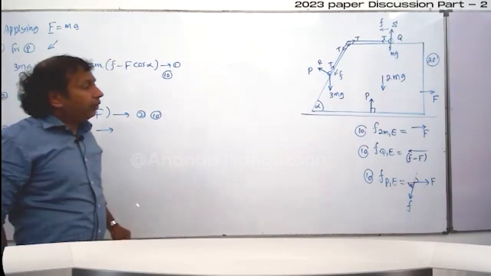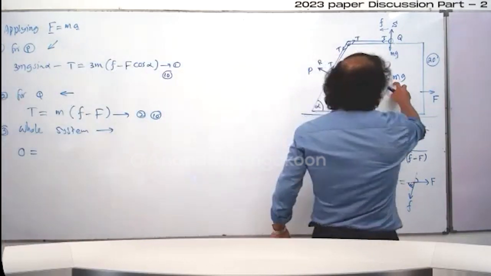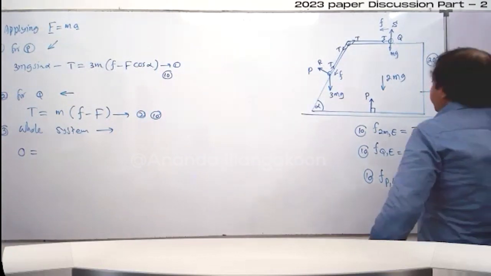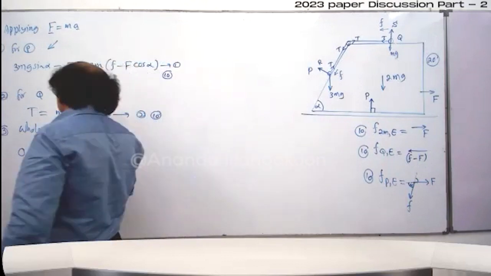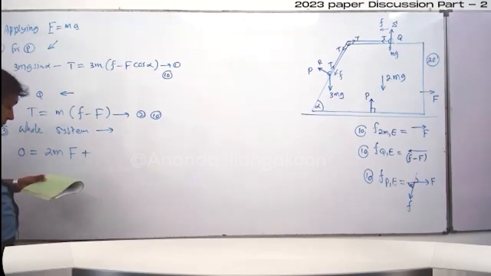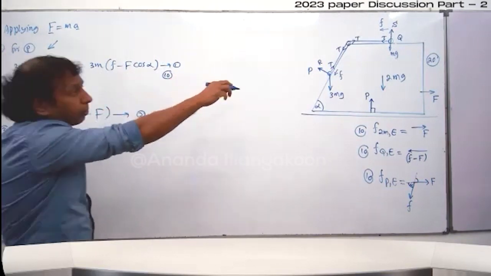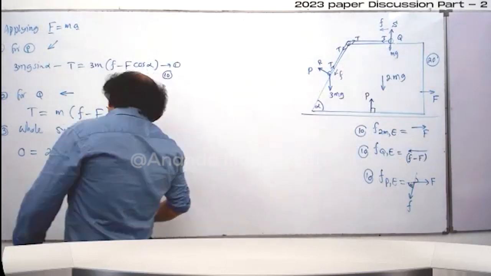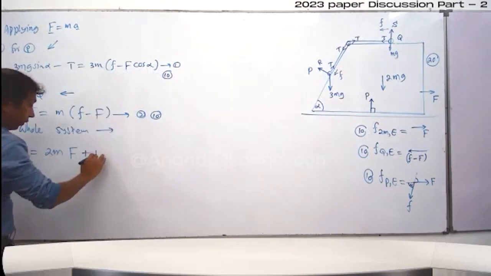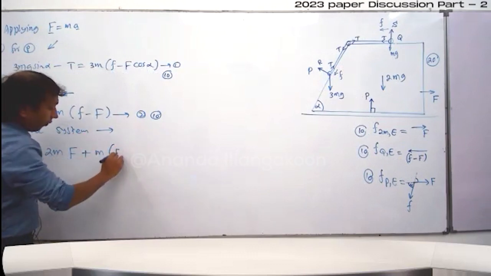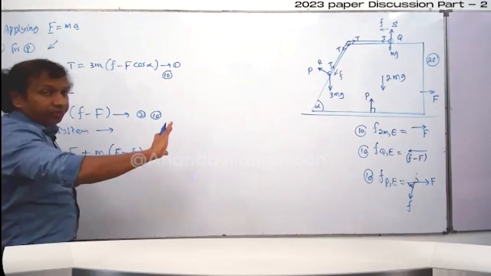Then we get here 2m times capital F, right? And next one, simple M, this one. Its acceleration relative to Earth is leftward, but we apply this time rightward. So m times the rightward acceleration, which is going to be capital F minus simple f.